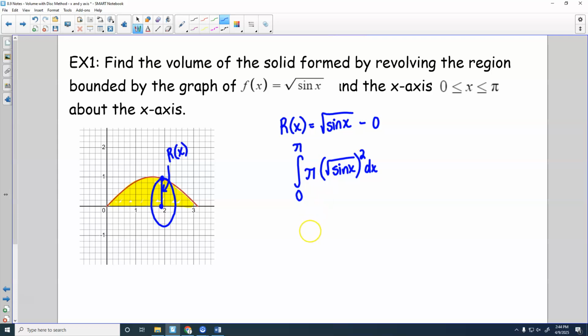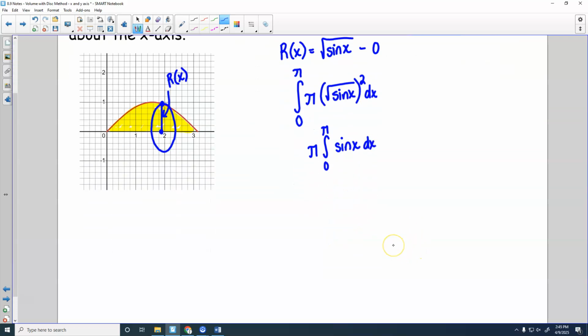In this case, I'm going to pull that pi out. I've got from 0 to pi. When I square the square root of sine x, I just get sine x. And to integrate sine, what is the integral of sine? Negative cosine of x.